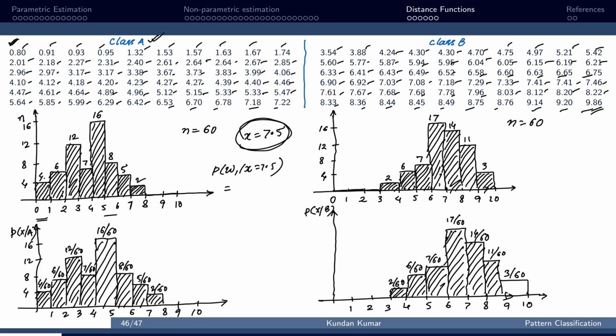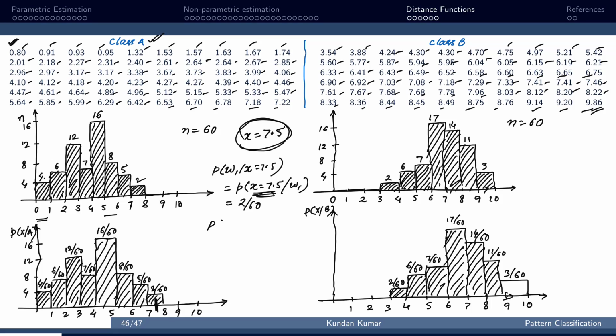So here the class conditional probability, that means p of x given omega 1, so here 7.5 will fall in this bin. Okay, and here the probability is 2 by 60, so this is 2 by 60.